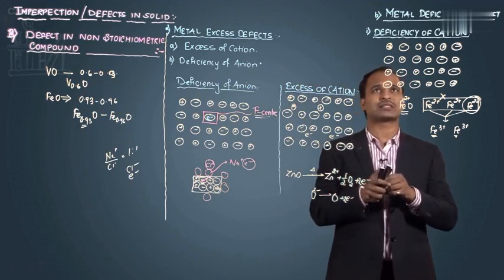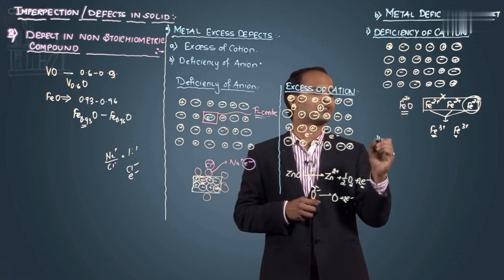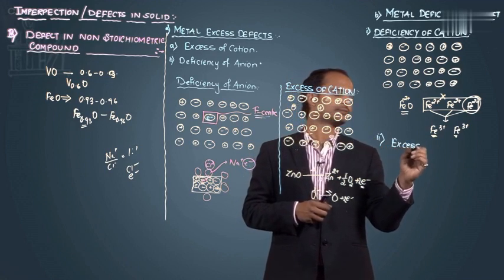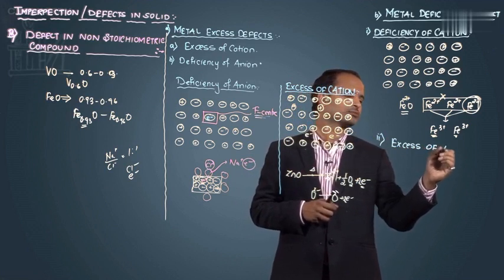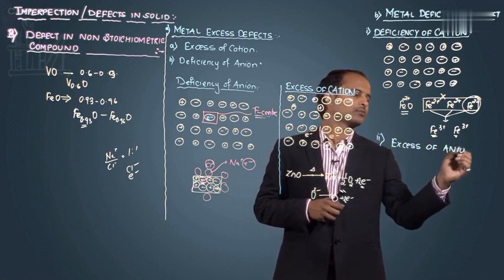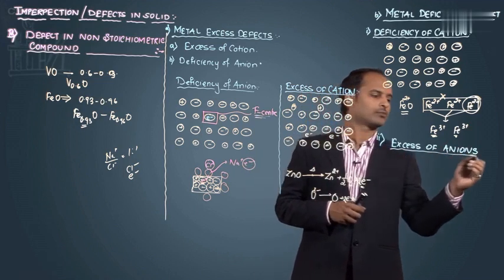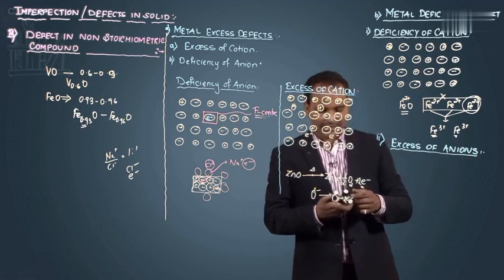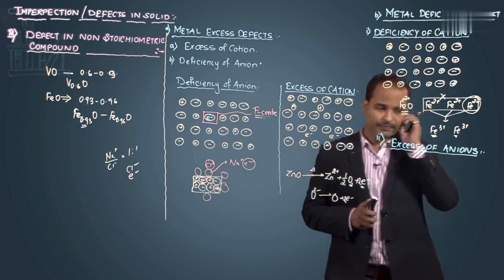Then after deficiency of cation, the next is excess of anions. Now what happens in case of excess of anions? Now let's see.